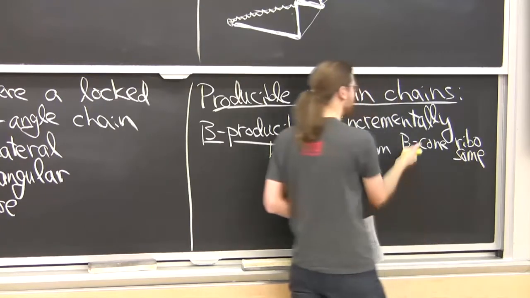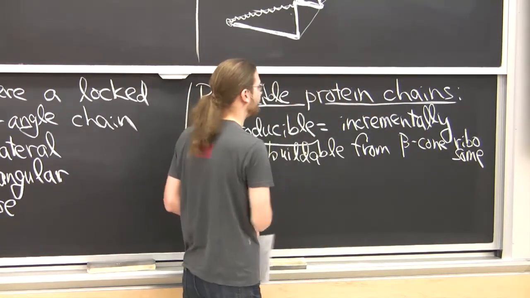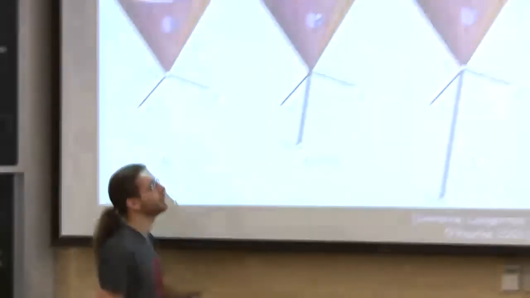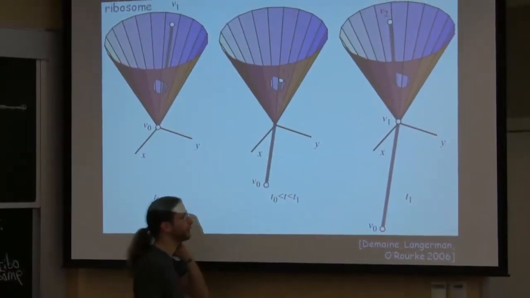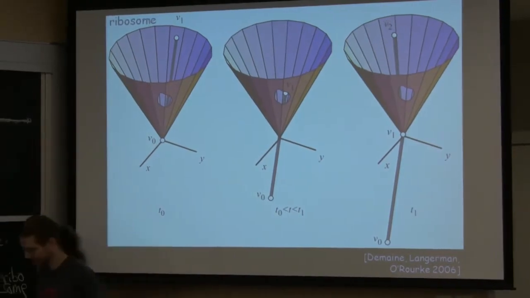So if you think of the ribosome as a cone with half angle beta, you can produce it like this. That is beta producible. Now this is a pretty powerful model because you only have to worry about it link by link. You don't have to worry about the rest of the chain until it spews outside of the cone. But it's restrictive in that you cannot penetrate the cone.